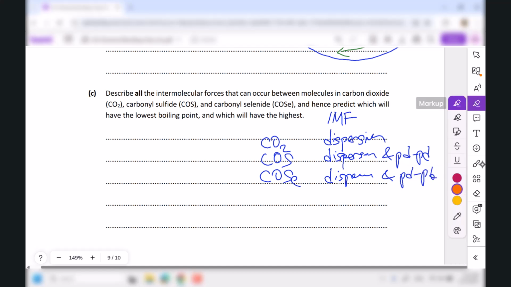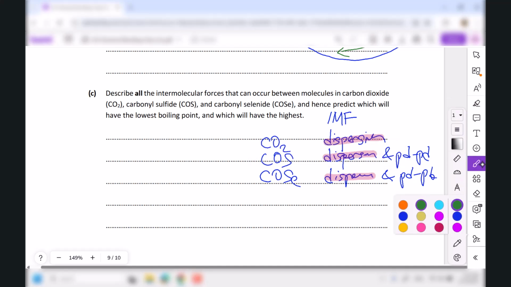Okay, you might have remembered from what we discussed in tutorials that as the electron cloud size increases, the probability of forming stronger dispersion forces increases because it is easier for your electron cloud to be distorted. Okay, so this is one of the thought processes you can use to help you answer questions related to boiling point and relatively non-polar molecules.